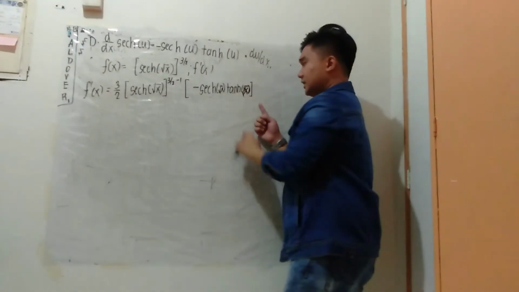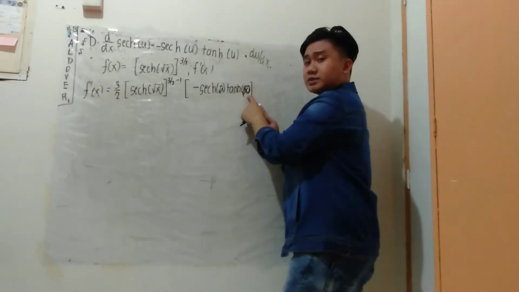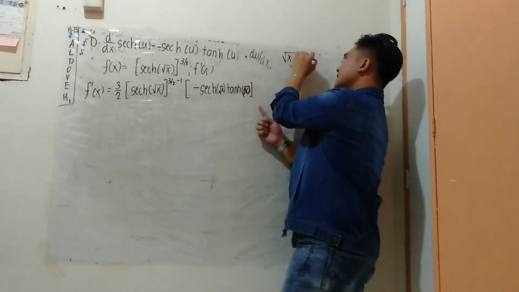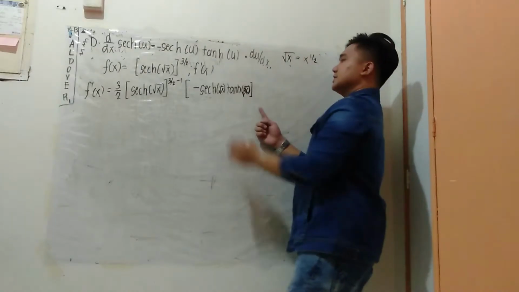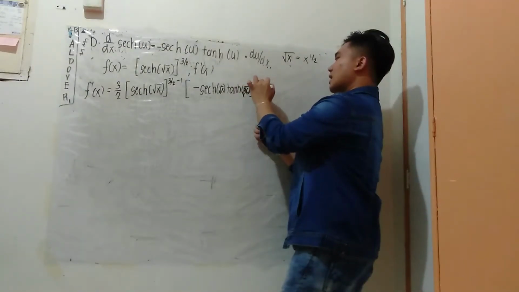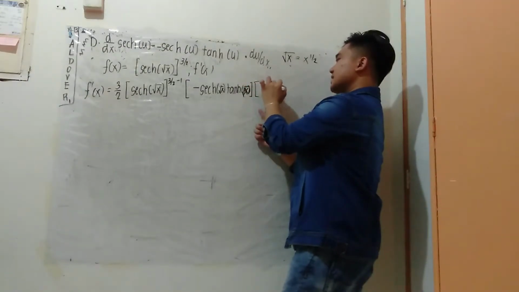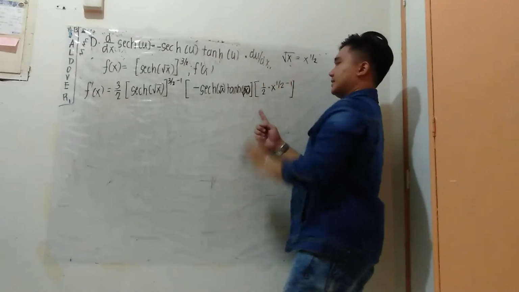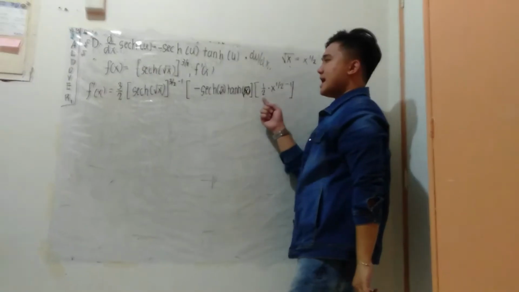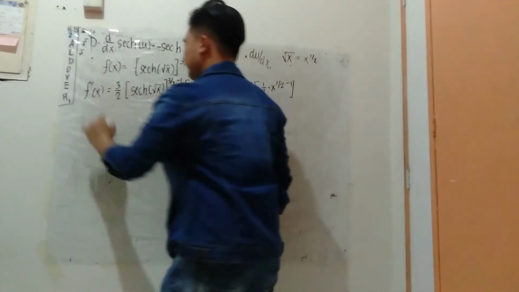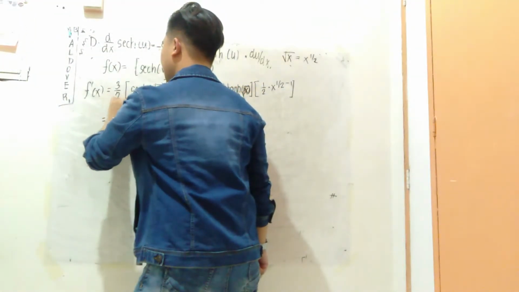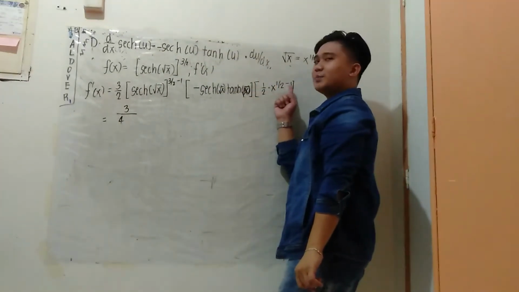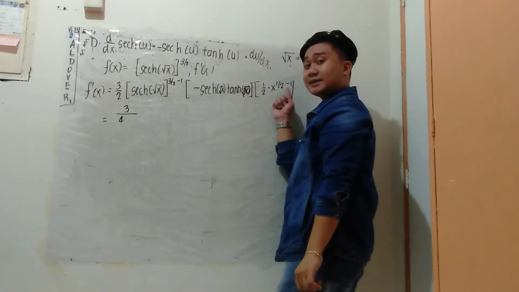Then, i-differentiate mo naman yung angle, which is square root ng x. Diba ang square root ng x ay x raised to 1/2. So, pag dinifferentiate ko yan, 1/2 times x raised to 1/2 minus 1. Okay? So, 1/2 times 3 halves, that is 3 over 4. X raised to 1/2 minus 1, di ba negative 1/2 yun?